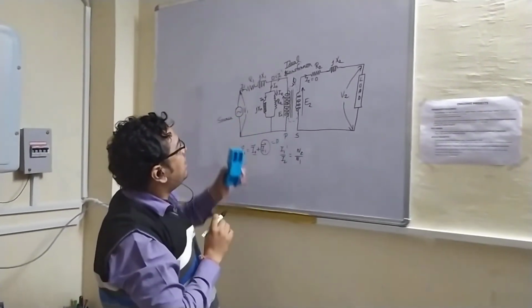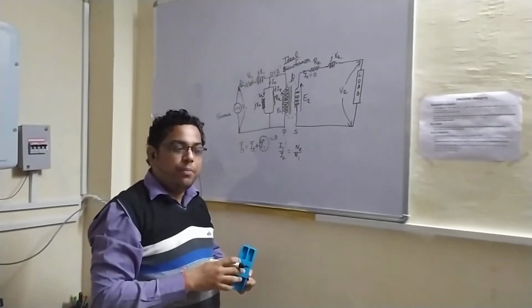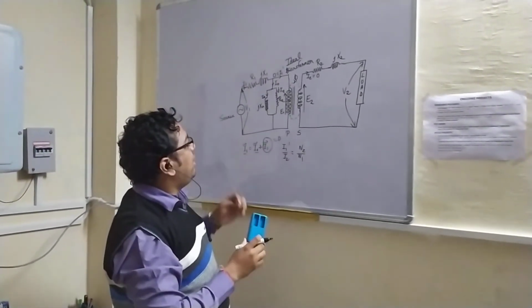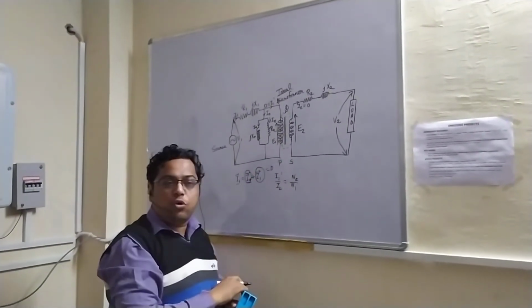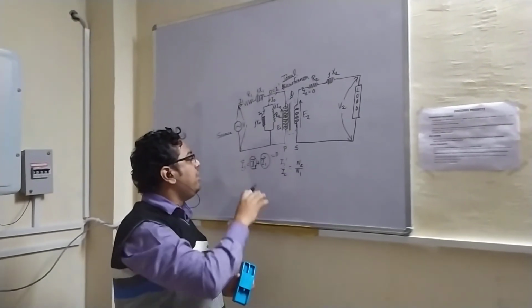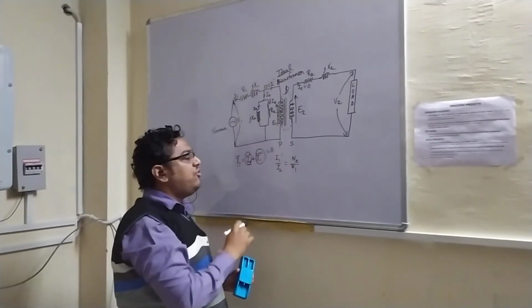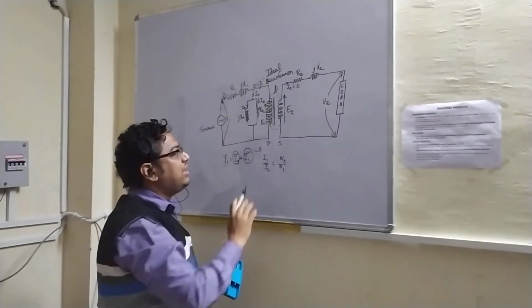V1 is the applied voltage, I1 is the current drawn from the primary side. That will have two portions, one meeting the core components, the magnetizing current and loss component of current, and I1 dash, which is providing the current towards the secondary side.